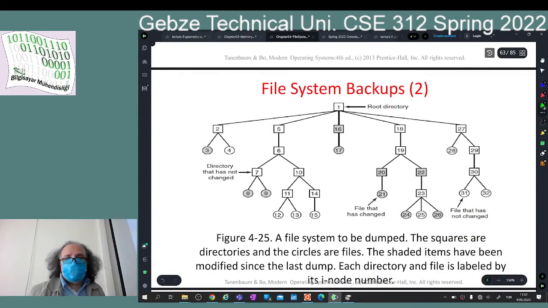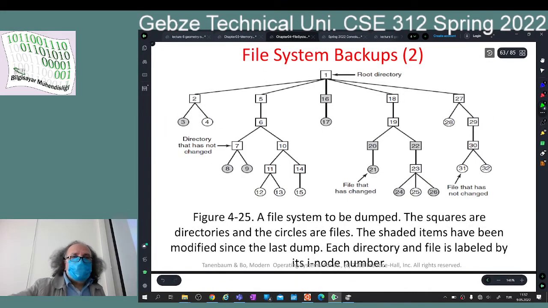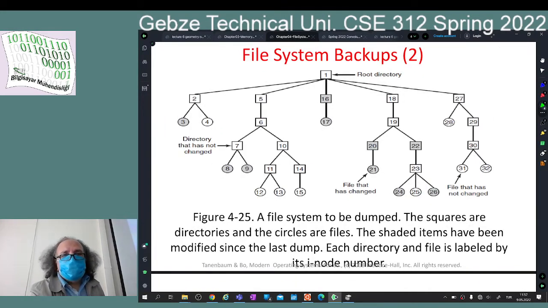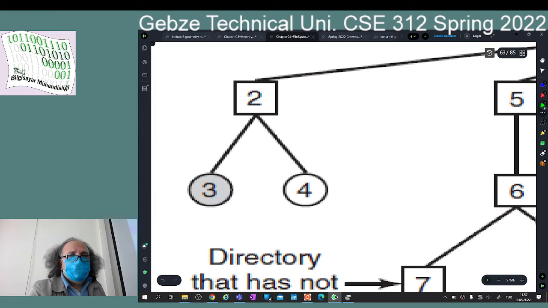Let's see one example of the logical dump picture. Let's say this is my file system, and like before, these squares are the directories and the ovals are the regular files. If a file is shaded, this is a modified file.